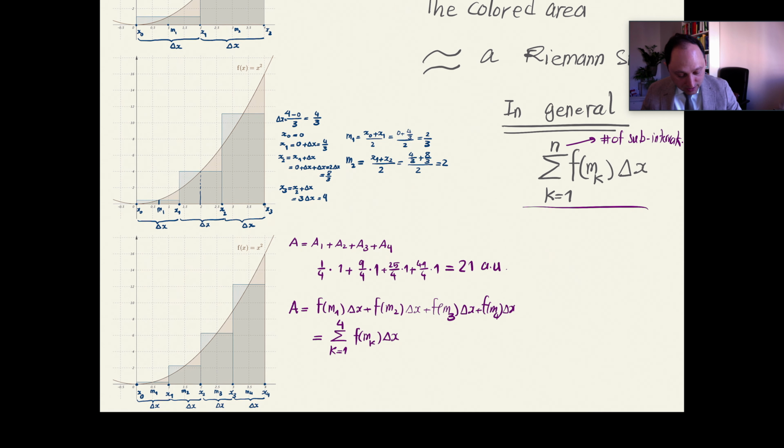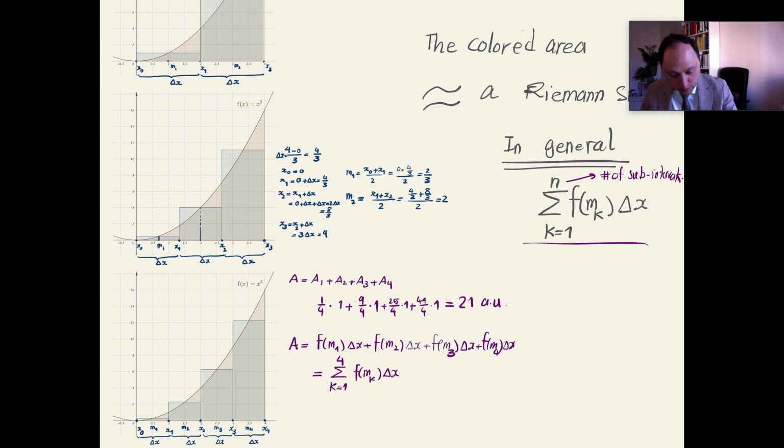I would say that the colored area, so let me write it with a different color, the colored area is equal to the sigma k goes from 1 to infinity f of mk delta x, but people don't write up to infinity because infinity is not a number.